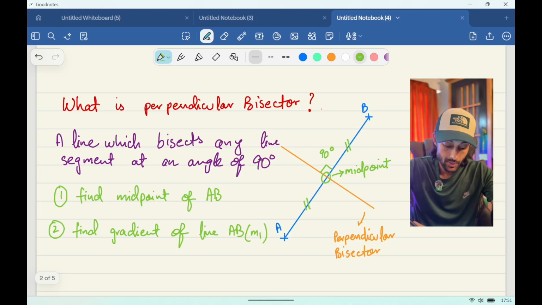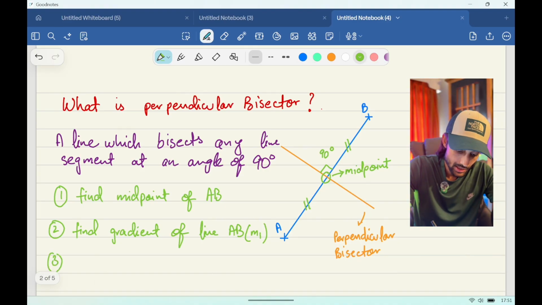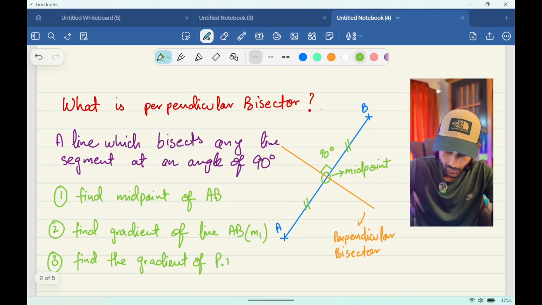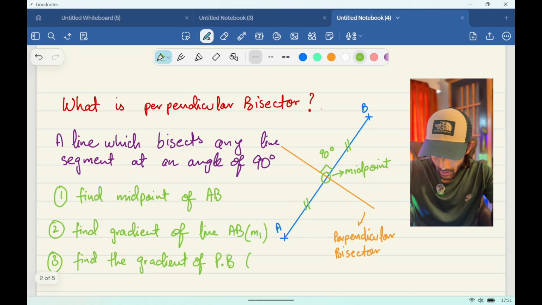The third step that you need to perform is really simple, and the third step is to find the gradient of the perpendicular bisector, which is given as m2.